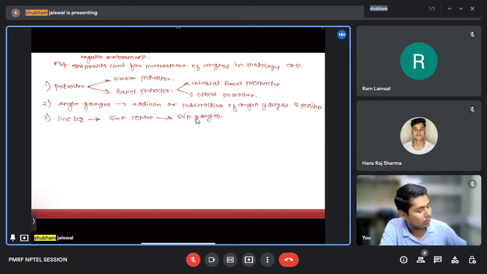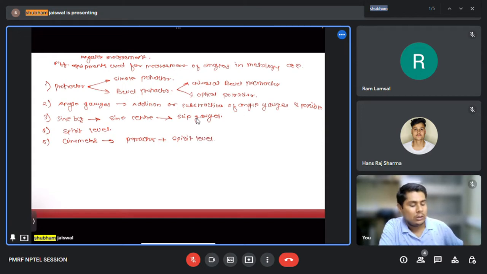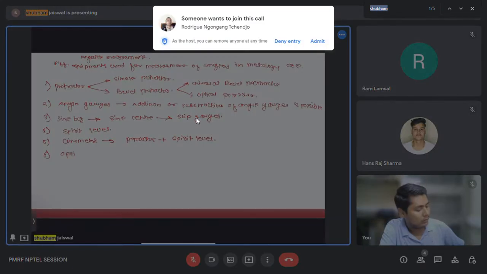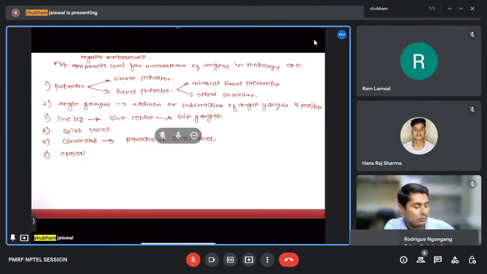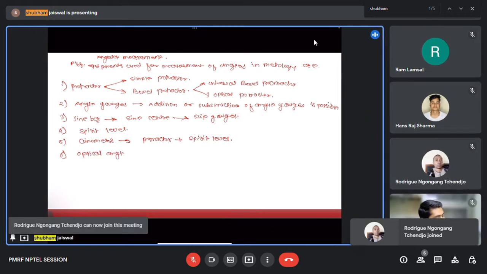Similarly, the fourth instrument that we have seen is the spirit level. The modified version of the spirit level for larger angle measurement is the clinometer. It is the combination of protractor and spirit level. Similarly, we have seen some optical angle measurement techniques.